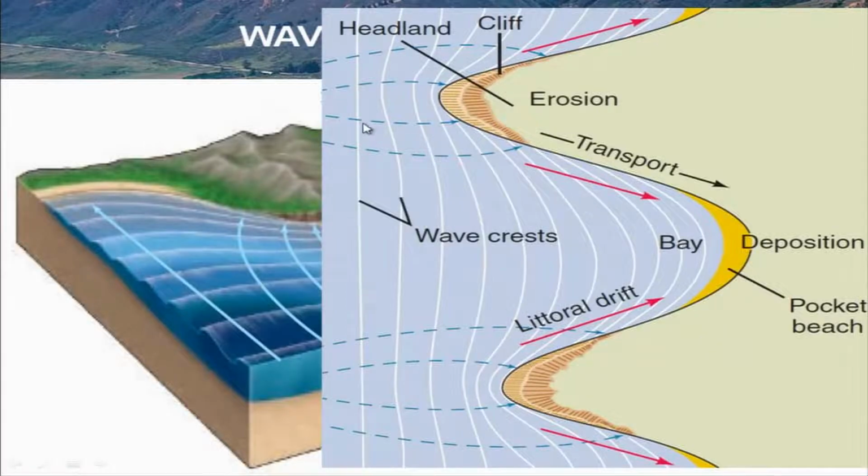At what angle the waves come and meet the land portion, depending on the configuration of the bay of the coastal region, the erosion and depositional features will be seen.